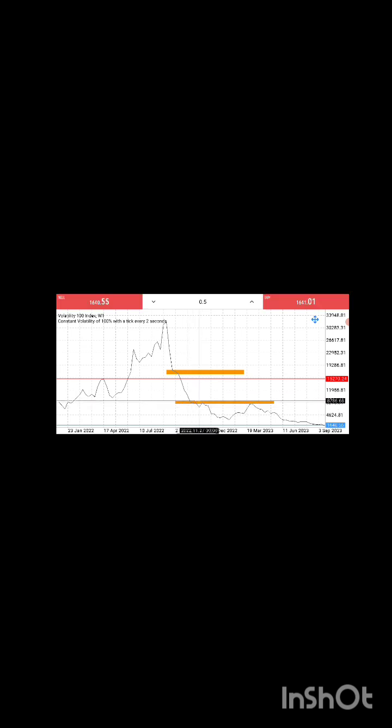So right here, this is another range. If you use a 10 lot size on this price, by the time the market reaches here, you have made $67,000. When you have made $67,000, you are going to reinvest the $67,000 plus your previous risk.